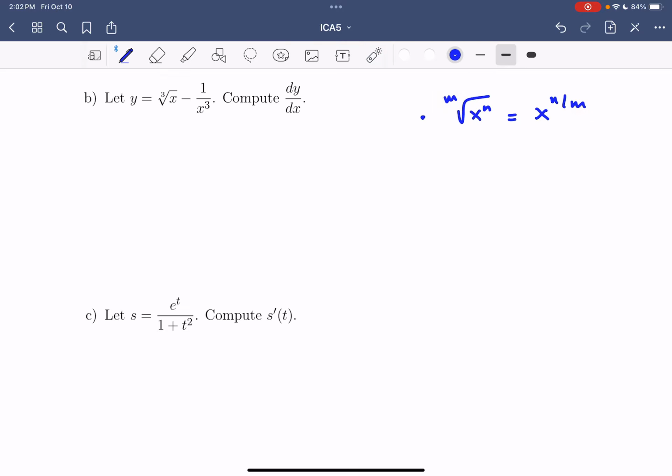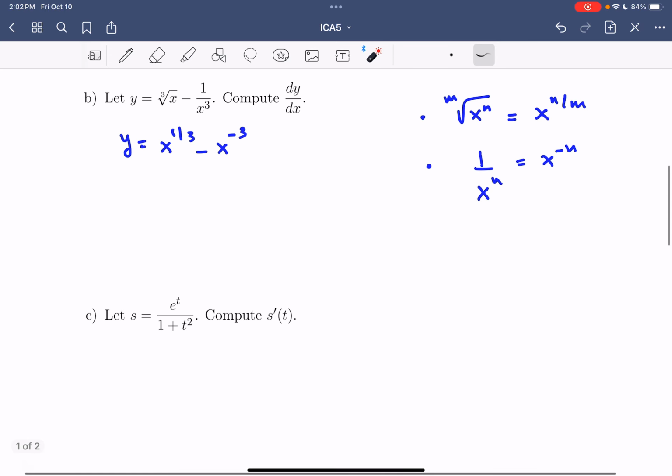And let me also remind you, which I know you know, that if you have 1 over x to the n, this is the same as x to the negative n, okay? So now y is equal to x to the 1/3 minus x to the negative 3. I'm keeping the y because I have not done any calculus yet. I'm just rewriting my function.